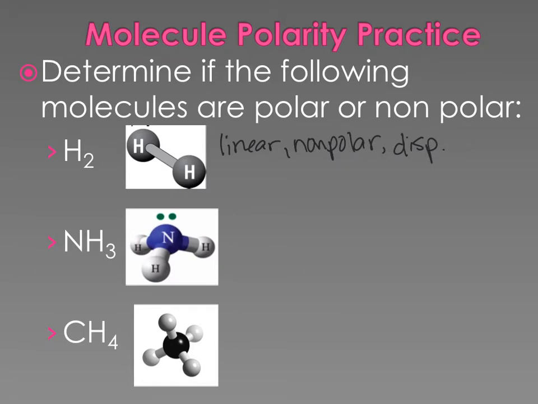This next example, NH3, we've seen this in a lot of the previous slides. So this is ammonia, that's the common name of this. You can see there are 4 things coming off that central atom, 1, 2, 3, 4, 1 being a lone pair of electrons. And so the shape will be trigonal pyramidal.